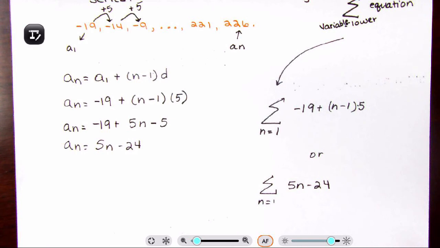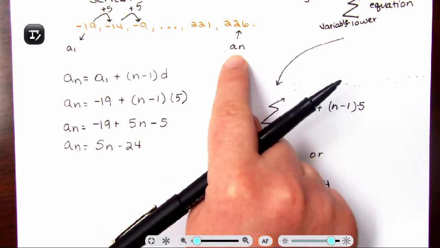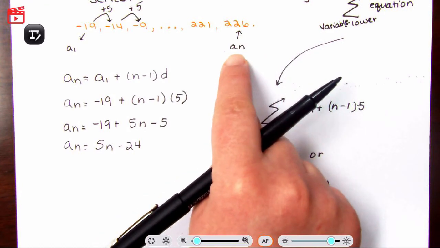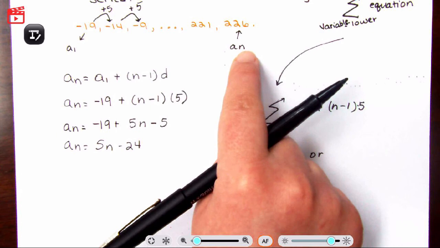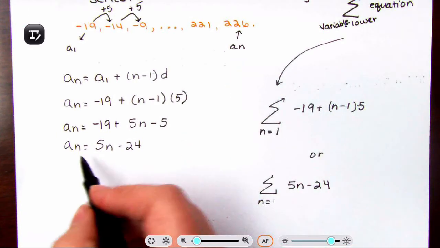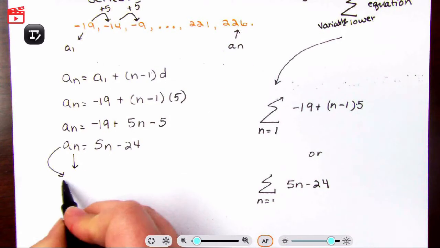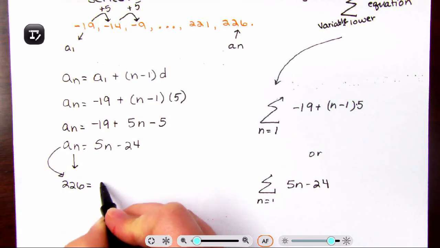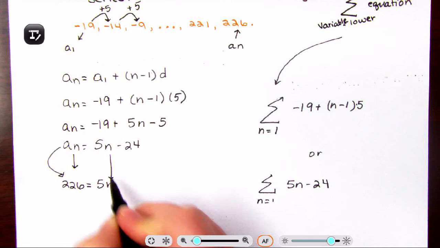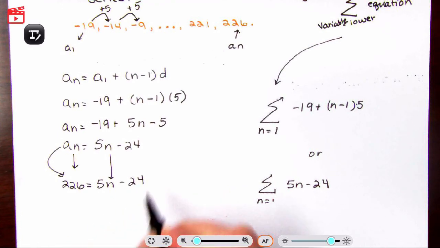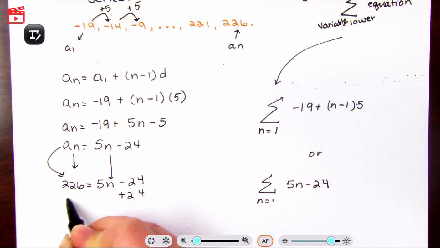Okay, we still need to find out what our upper limit is. And that's it, that's pretty much we're done. So upper limit, we do know that the last number is 226. However, we don't know what position number that is in. So what I'm going to do is take this formula, and a sub n is 226. I don't know what my position number is. This is still unknown. And I'm going to solve it this way. So I'm going to add 24 to both sides.